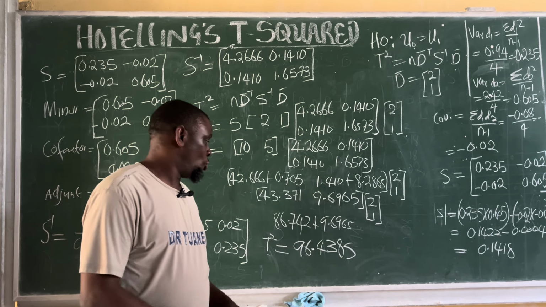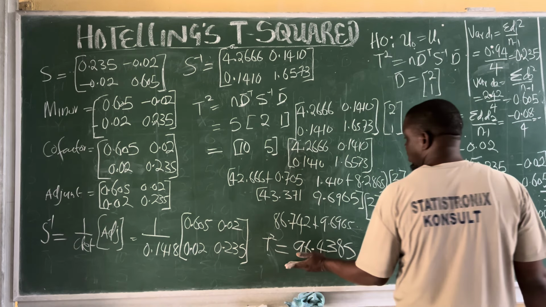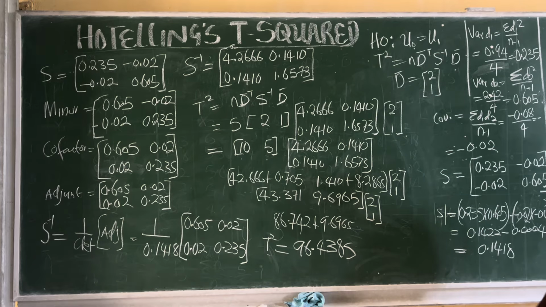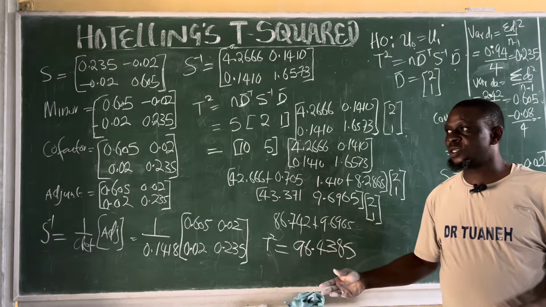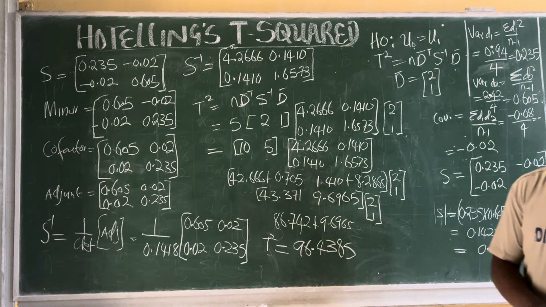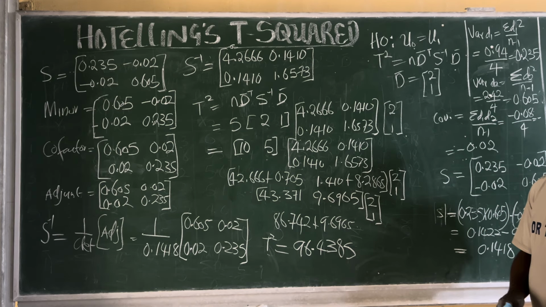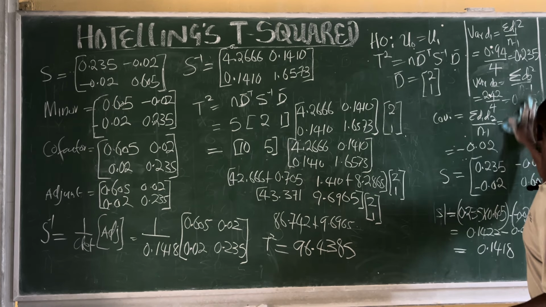So this is our test statistics. Now note that we can compare this value with the tabulated value. There is a table for T square, but because it's not as common as that of F, and F is used in most of the software, I prefer we use our F to compare.